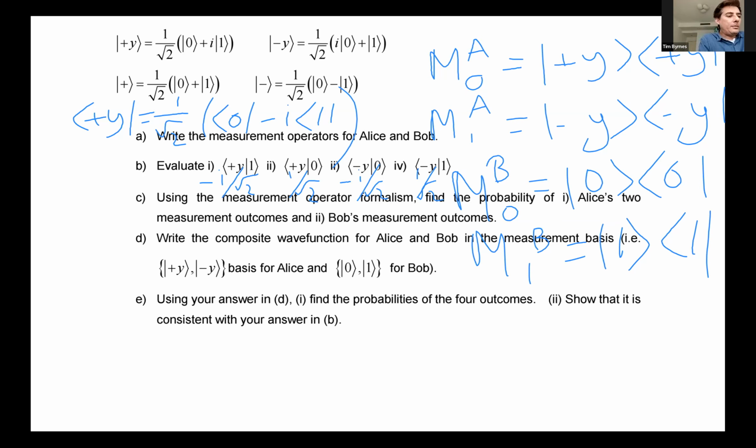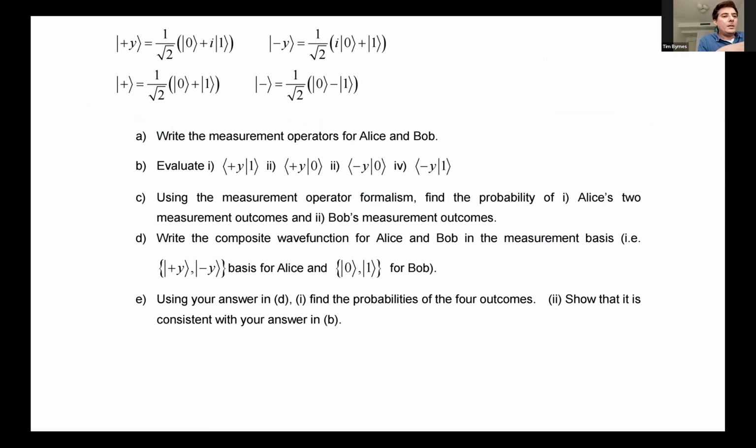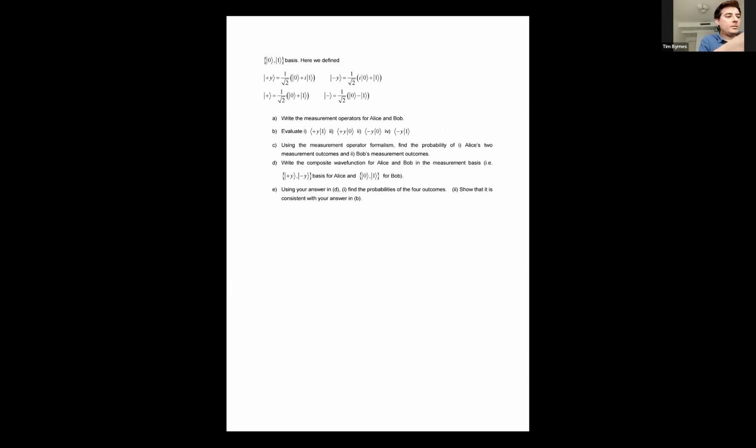Yeah, so I think we've done a lot of examples of this already, but what this is just trying to get you to do here is look at what the wave function is. So 1 over root 3 and root 2 over 3, right?